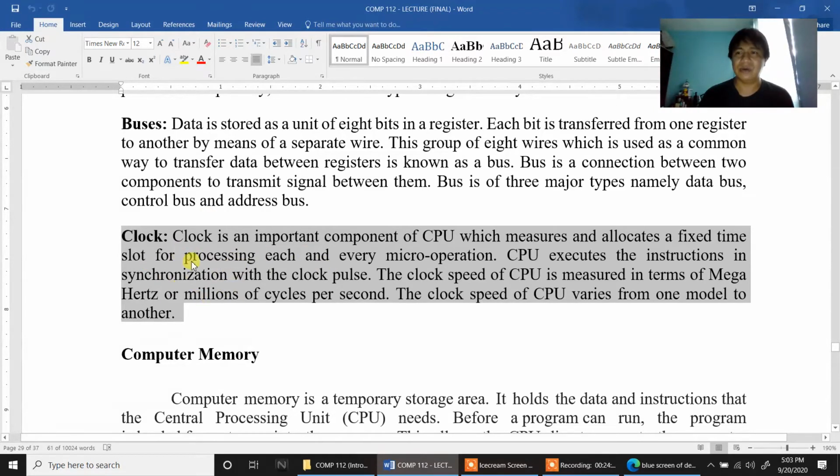Make sure that if you overclock your CPU, it should have an overclocking feature, because there is a maximum heat limit for the microprocessor.